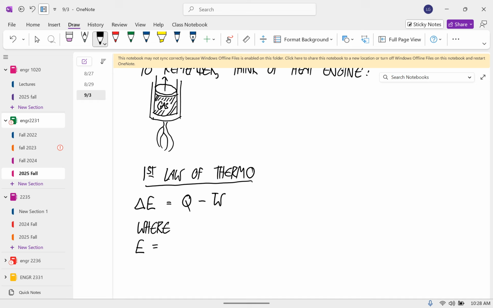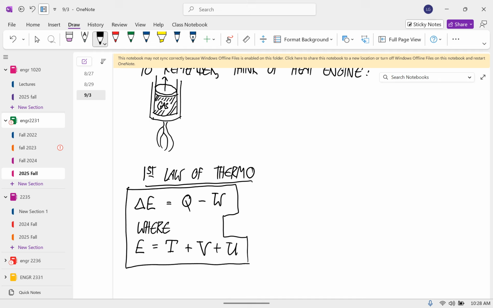And this energy is the kinetic energy plus the potential energy plus the internal energy. So there is our, I don't know, probably our most important equation in this class.